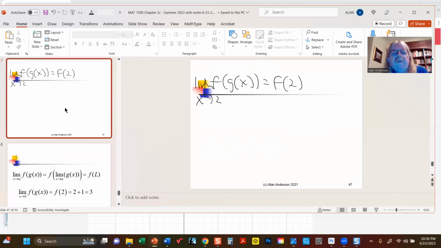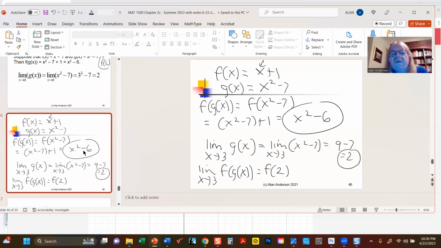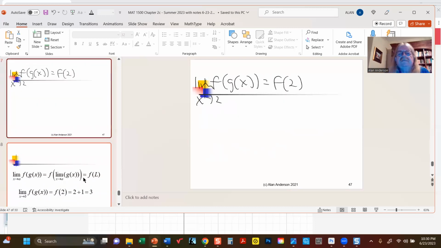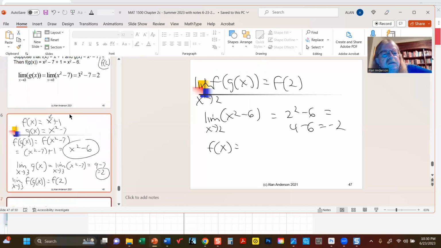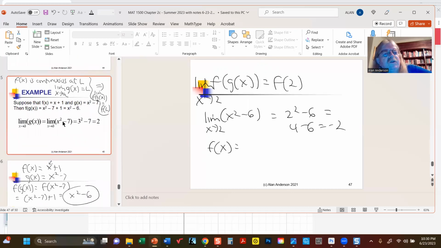All right, so remember before we saw that f of g of x is x squared minus 6. Now f was originally x plus 1.